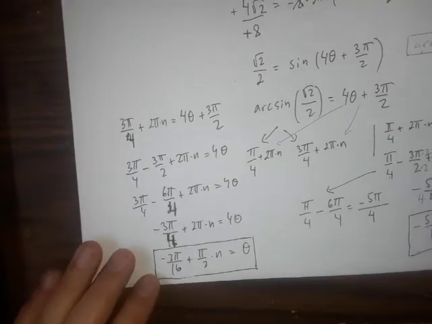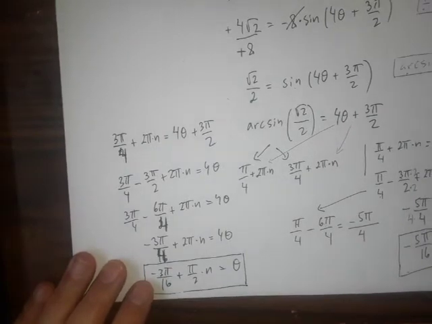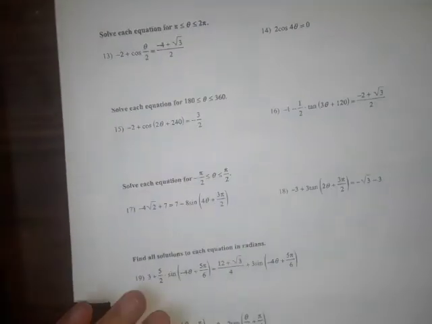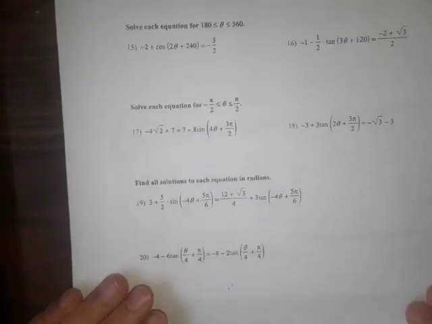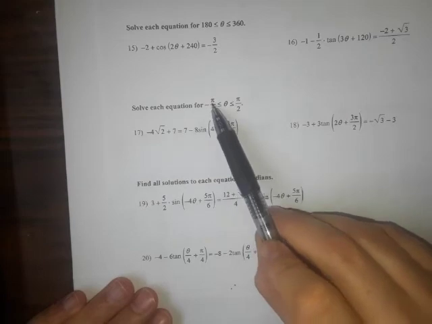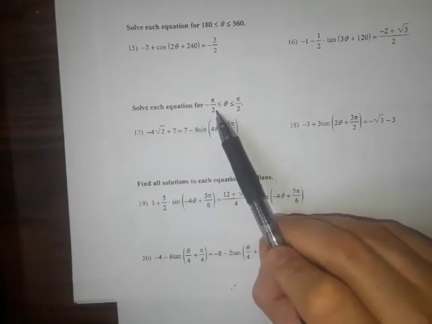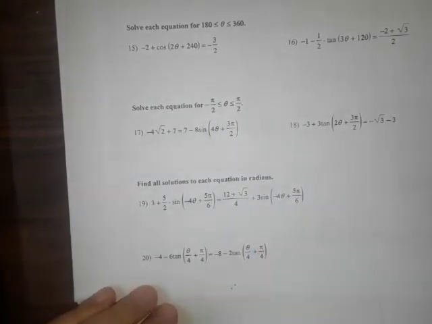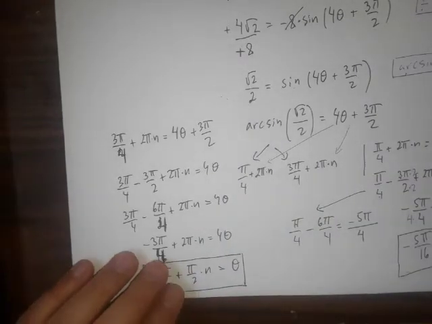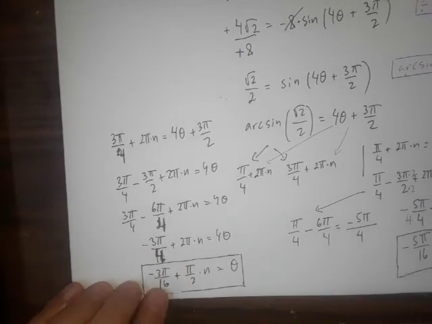We're not done because in the problem we're doing, they're restricting the domain. They're asking us, when is this happening from negative pi over 2 to pi over 2? So that makes it even more difficult, right? So we have to think now.